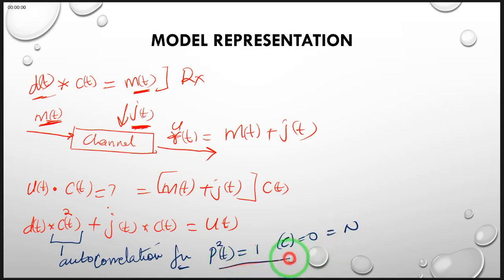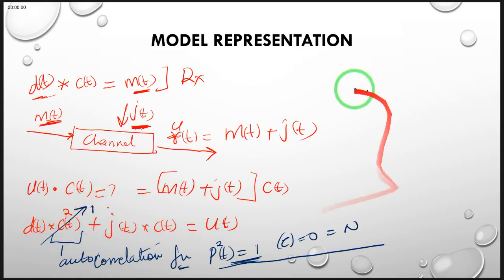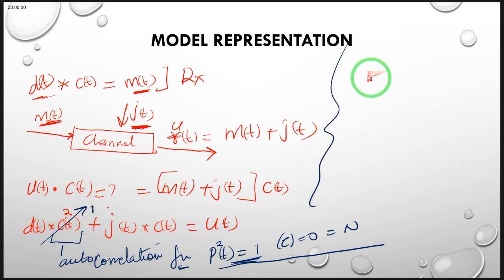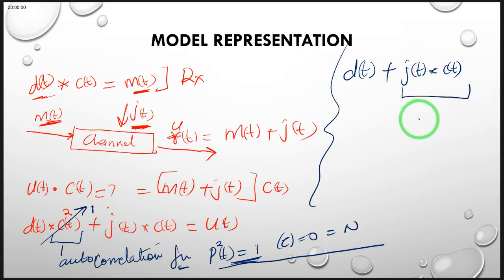So we can conclusively say that this autocorrelation function will give us a 1. And therefore, on the receiver side, we are left with d(t) plus j(t) multiplied with c(t). And now it appears like at the modulator side, we have spread the interference and we have got our message back.